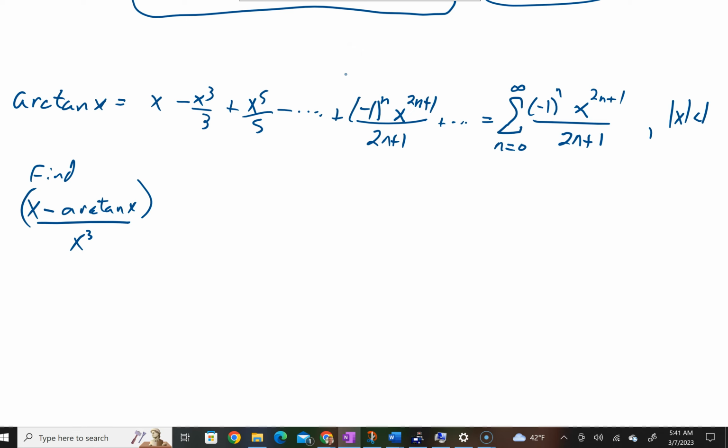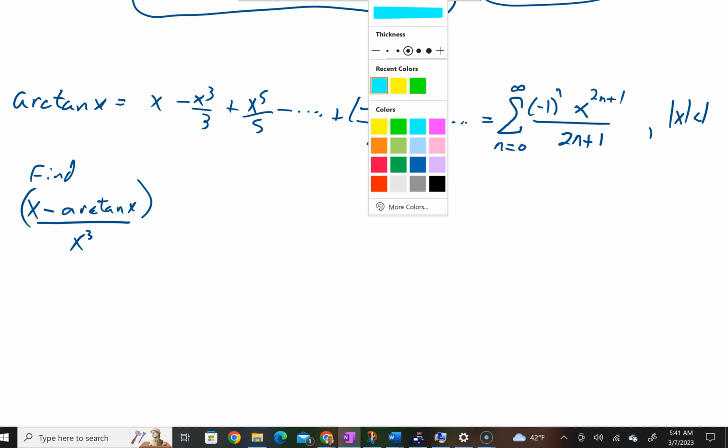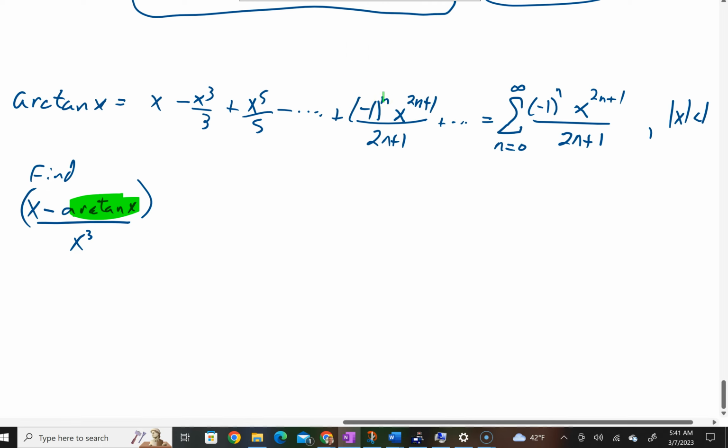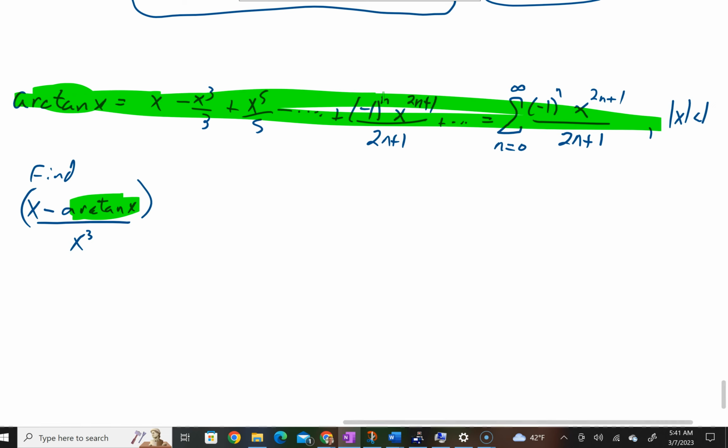This is not working off of the geometric series, but rather it's saying, hey, you know what? You have this as a fact. Use it. The only thing is when you're looking at this problem, you're going to say, well, wait a minute, there's a minus in front. So tell you what, let's start with that.